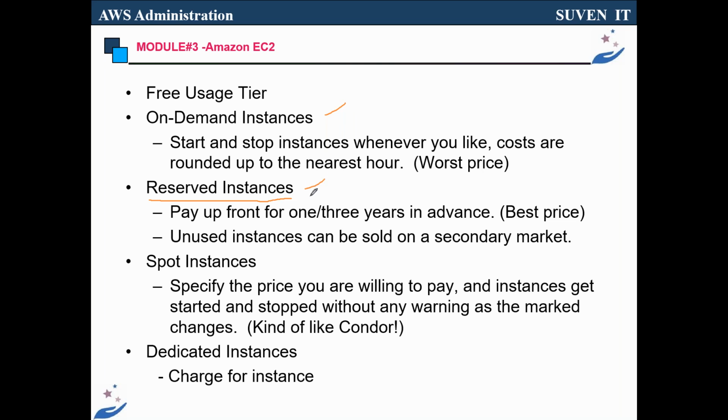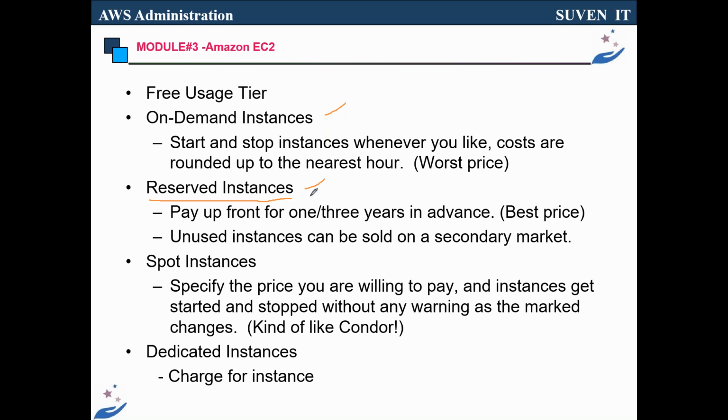Sorry, the other one is spot instance, which is prepaid. You can pay $100, and the system will work up to $100. After $100, it will stop automatically, and you don't need to pay anything more. So that is spot instance.